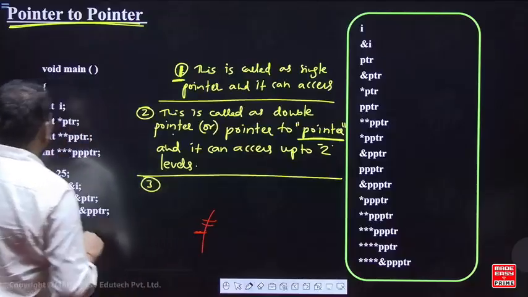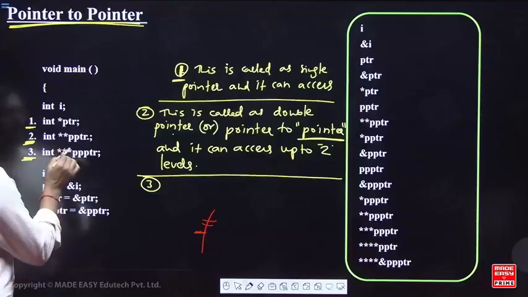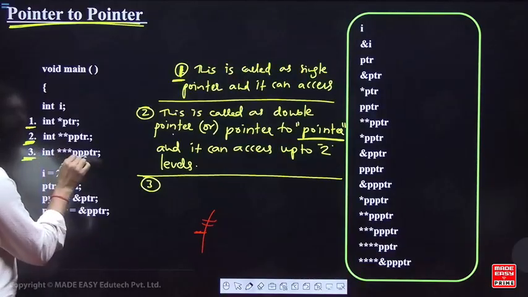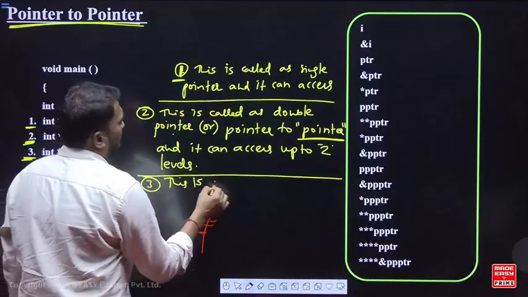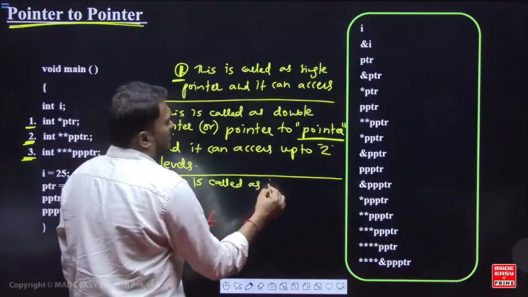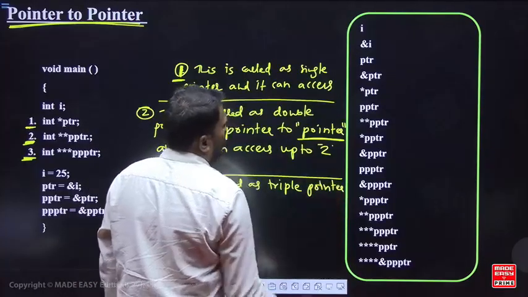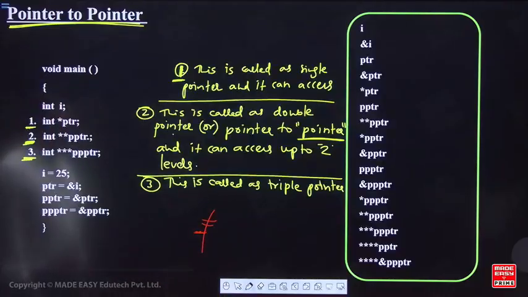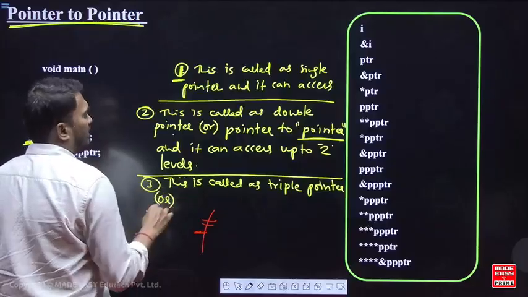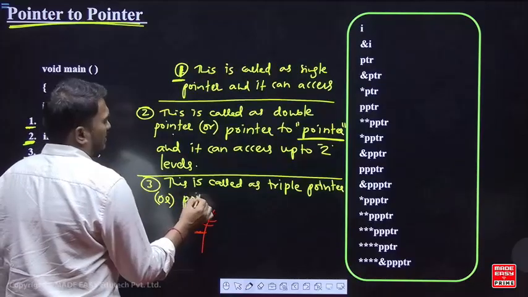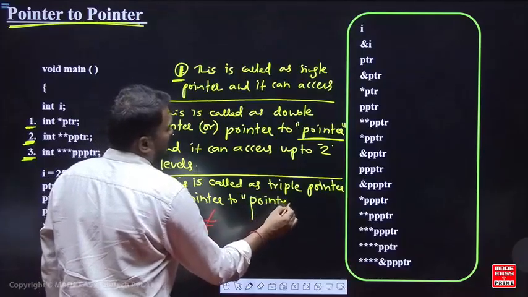Next, number 3, it is called as a triple pointer. Look at here, so what is the meaning of this? You are having triple star, int triple star pptr. So this is called as a triple pointer, or I am writing here, or pointer to pointer.